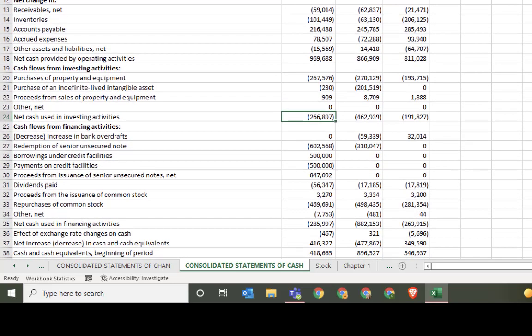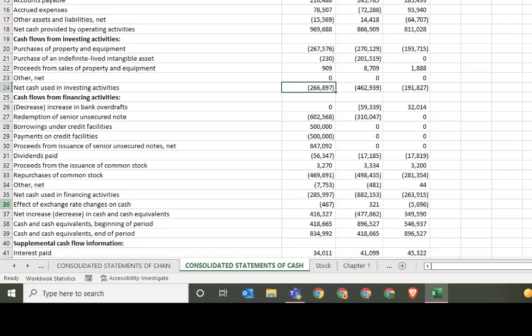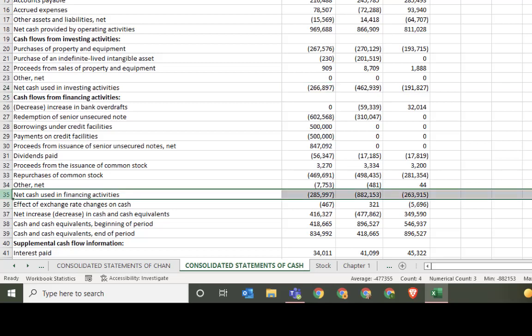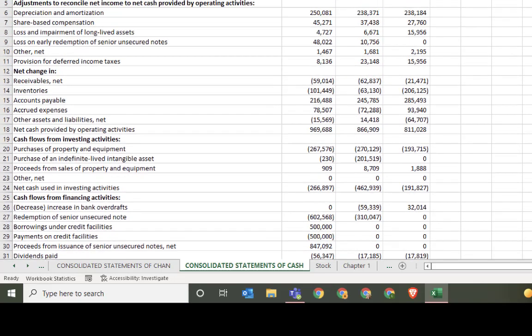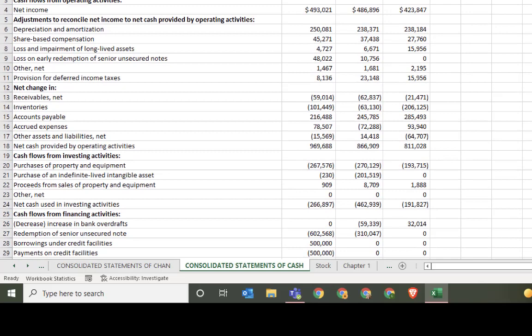And then I'm going to go down and find my net cash used in financing. It's on that row. So I'm going to click on this cell, go up to my name box, cash flow, financing, 2021. Okay, so now that I've named all of mine, I'm going to go back to my chapter 2.